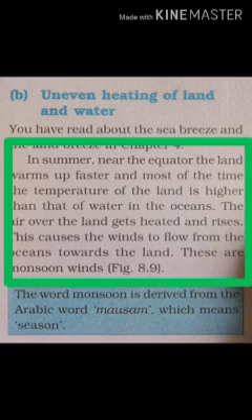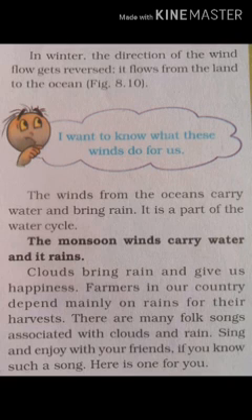The air over the land gets heated and rises up. As a result, there is a low pressure area. This causes winds to flow from the ocean towards the land, and these winds are called monsoon winds.